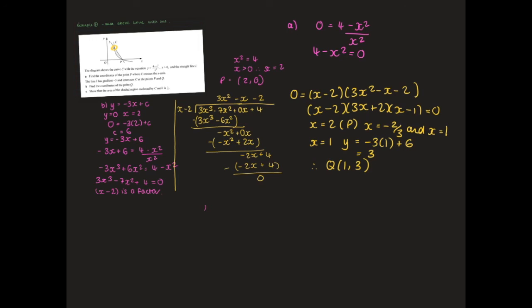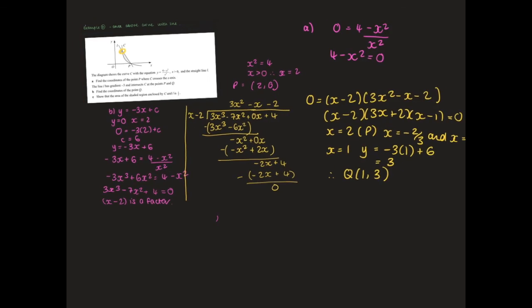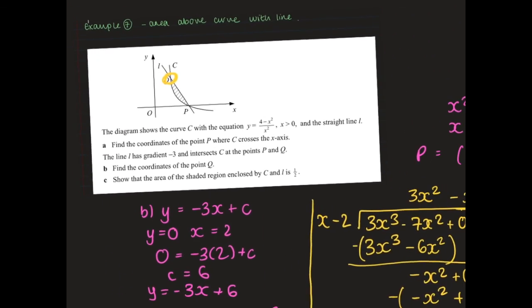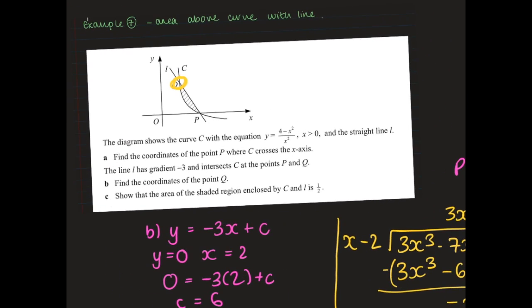So now I need to find the area of the shaded region. I actually need to show that it's a half. So let's zoom in on here. So I know that this is point 2, and I know that this is (1, 3).